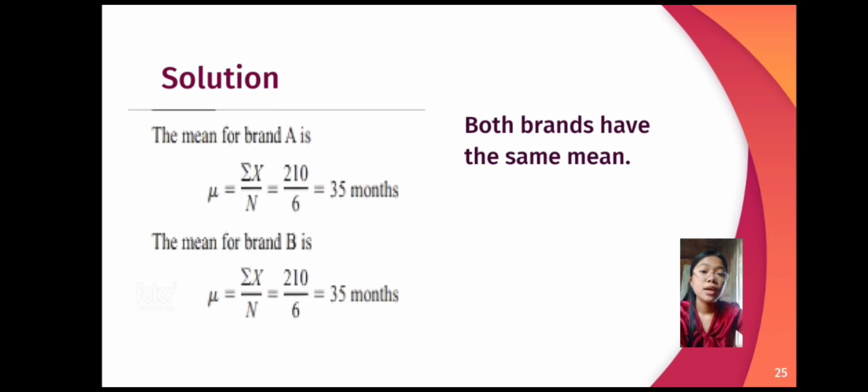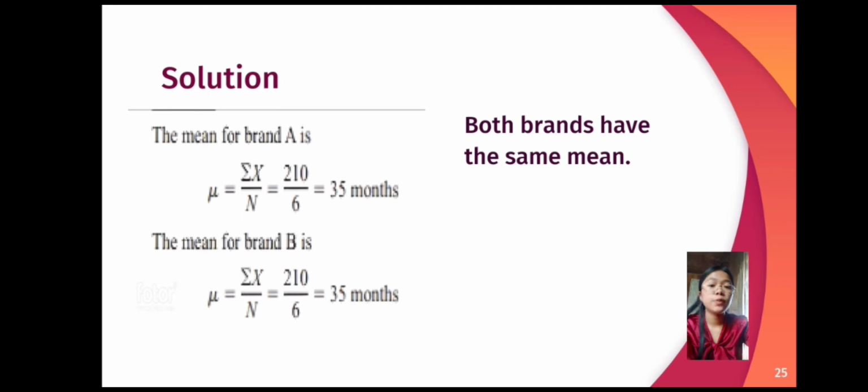So, 10 plus 60 plus 50 plus 30 plus 40 plus 20 equals 210. And our n here is 6, since we have 6 data values. So, 210 over 6 is equal to 35.